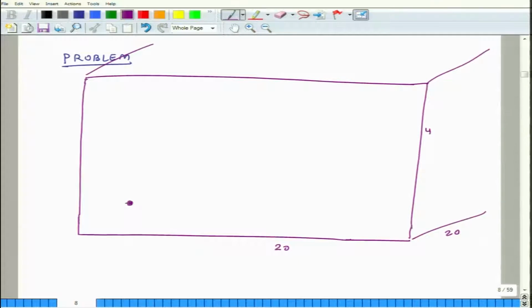So, all the dimensions are in meters. Now, there is an operator which is at a distance 3 meters away. So, this distance, 3 meters away.